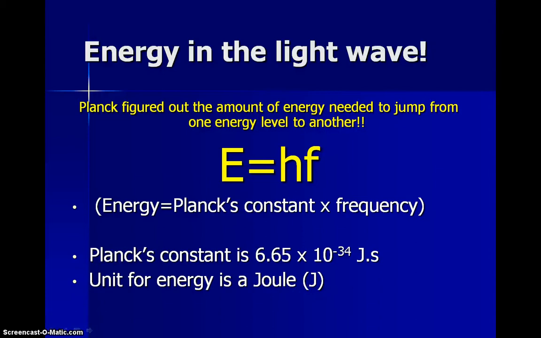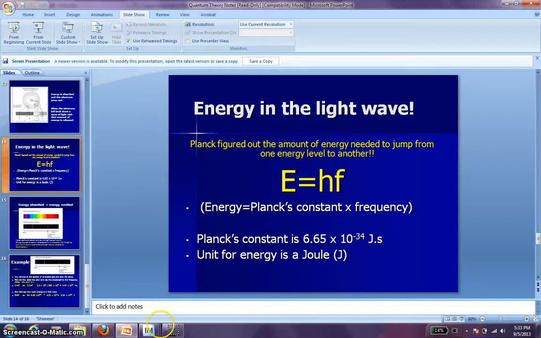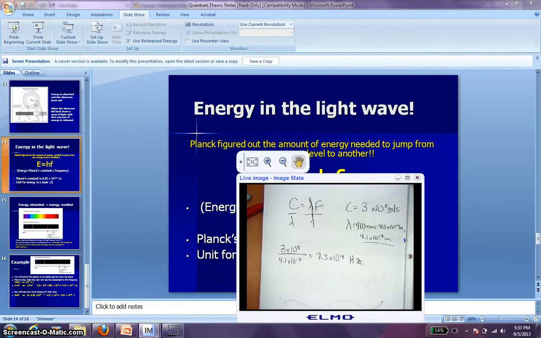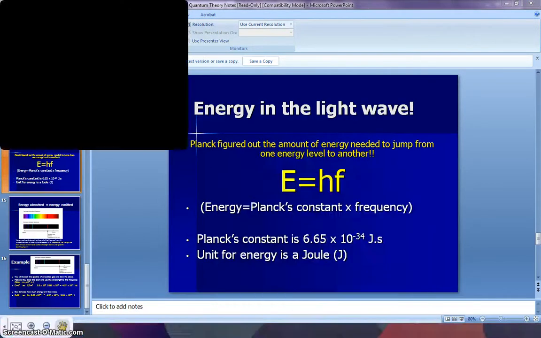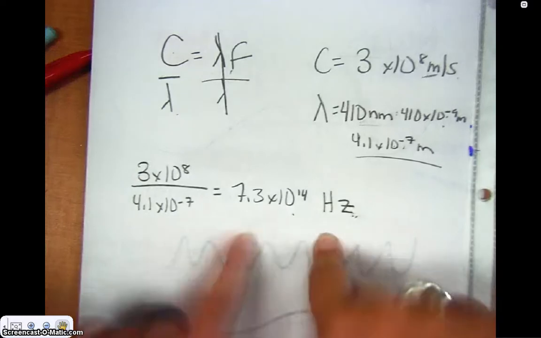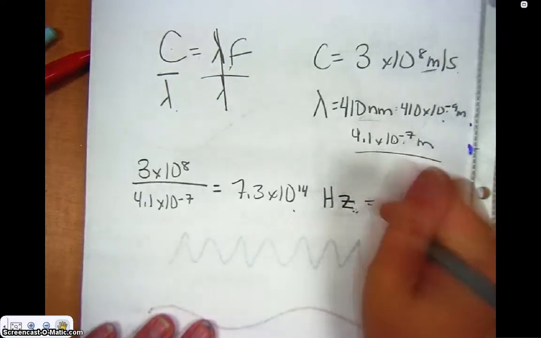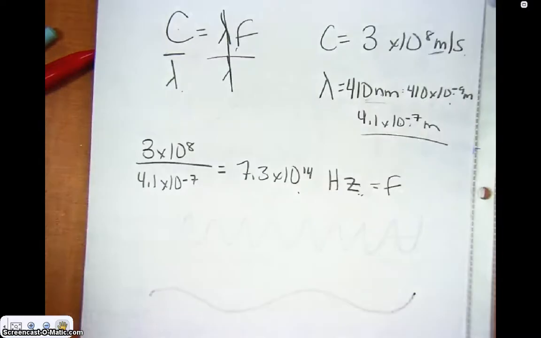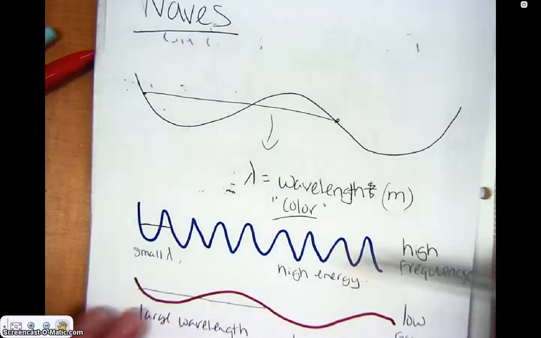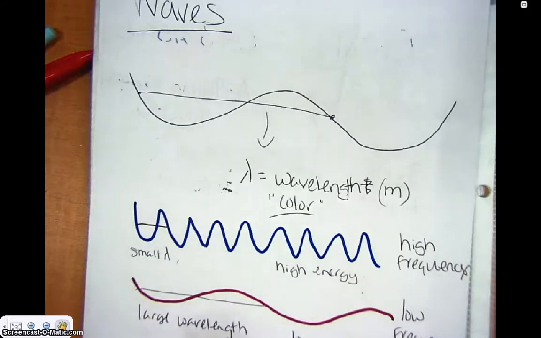So the next step is we want to figure out the energy. So let me just go back to my sample problem here under the Elmo. So I have, this is my frequency, right? This is my F. So I want to know, well, how does that relate to energy? Remember, small frequencies have high energy, low have low energy.